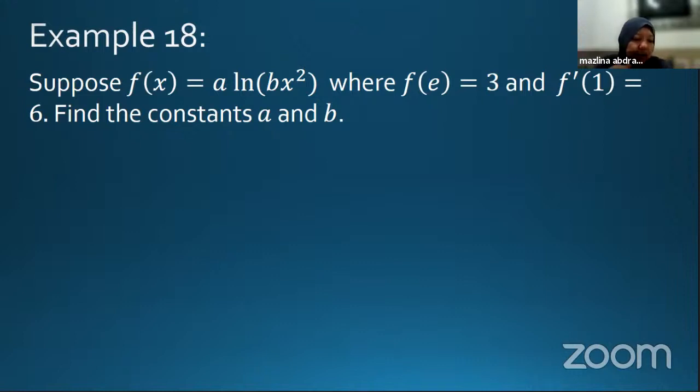Kalau you dapat yang the first one is very simple one. Yes, come on, who got the answer?